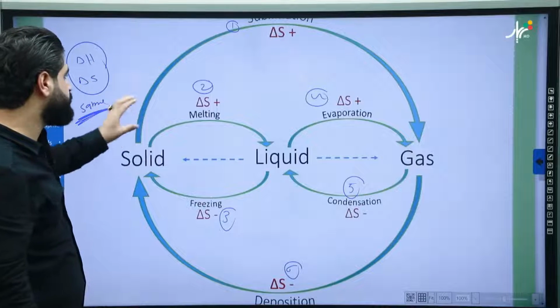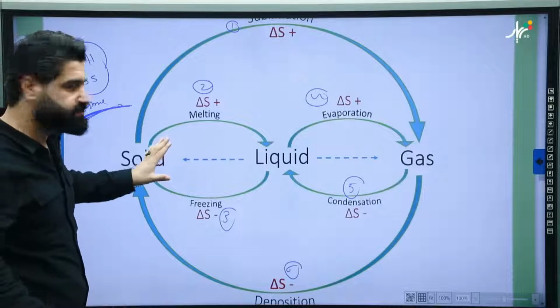The change happens only in their physical state.